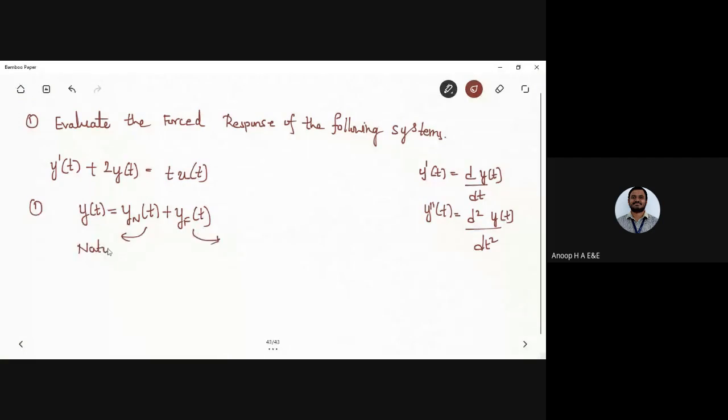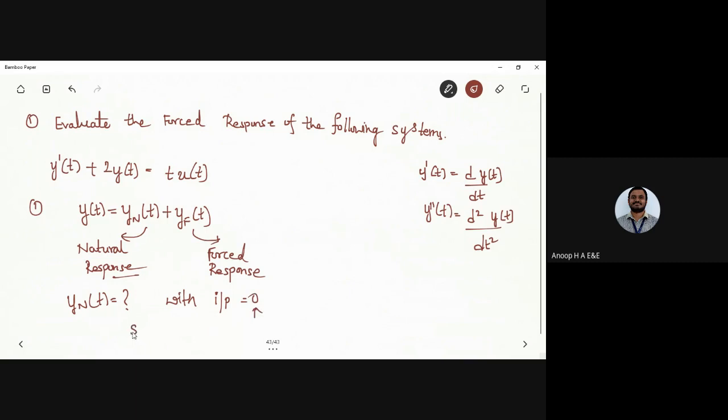Which would be yn, which is the natural response, and yf, which is the forced response. Next we have the natural response of the system. Next we have the forced response of the system. So once I have this, I want to find out the natural response of the system yn of t with input equal to 0. I need to give input as 0 there.